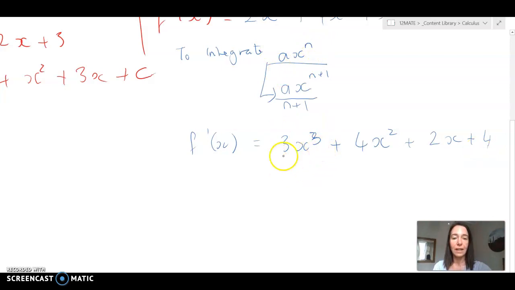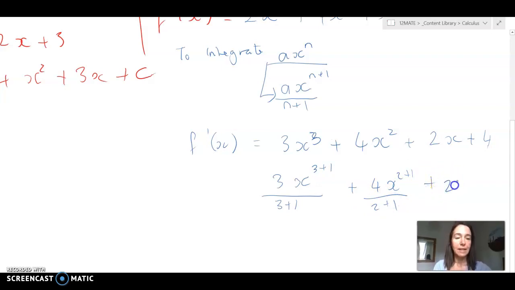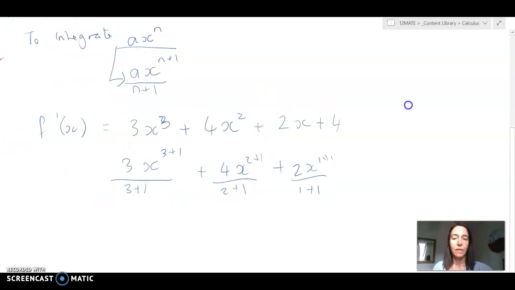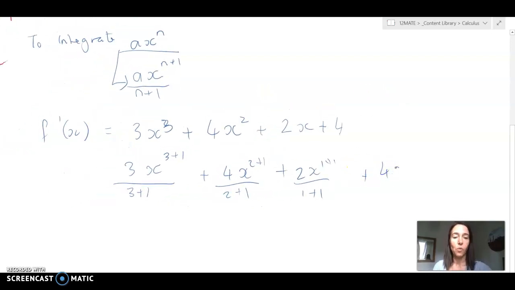This one here is going to be x to the 3 plus 1 over 3 plus 1, plus 4x to the 2 plus 1 over 2 plus 1, plus 2x to the 1 plus 1 divided by 1 plus 1, and then plus 4x to the 0 plus 1 over 1. Hope you kind of get that one.